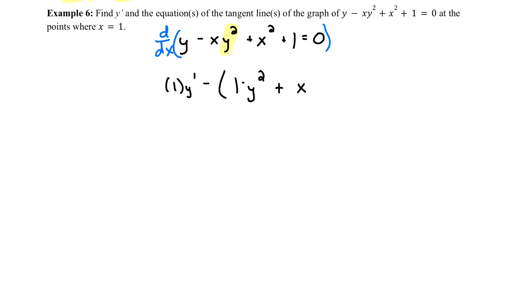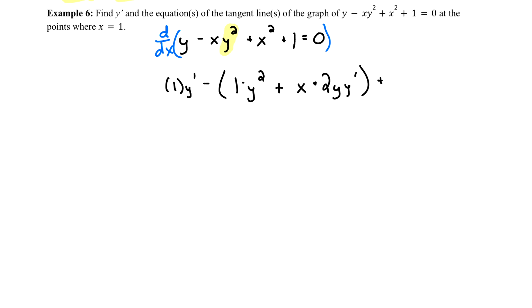Here we're going to have to use our chain rule like we have been all along. That's going to be 2y times y prime. So we'll distribute that minus sign in just a minute, but I'm going to close my parentheses now because we're done with our product rule. And then I'm going to continue on.